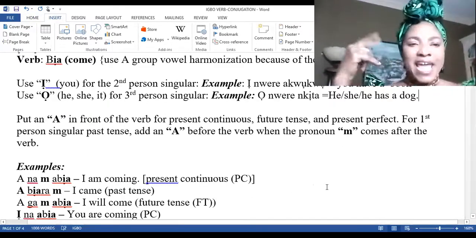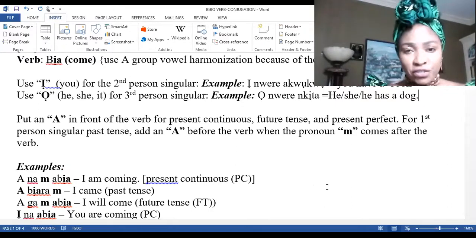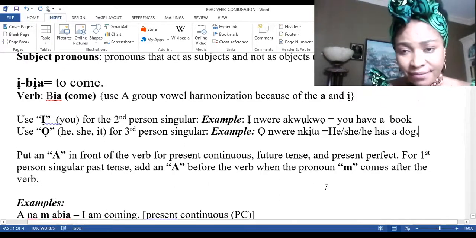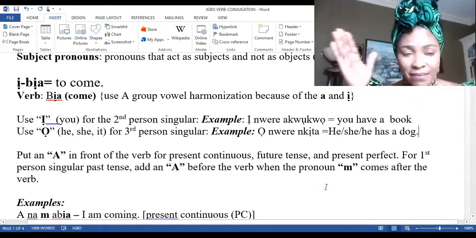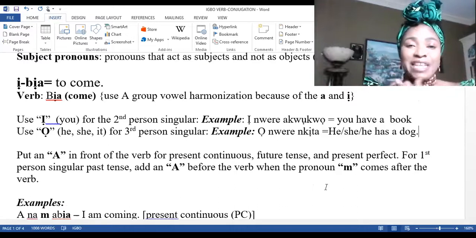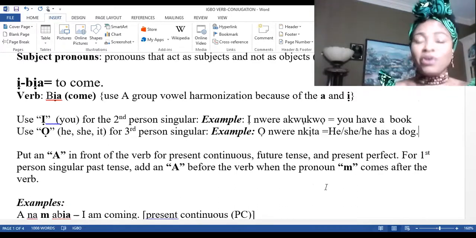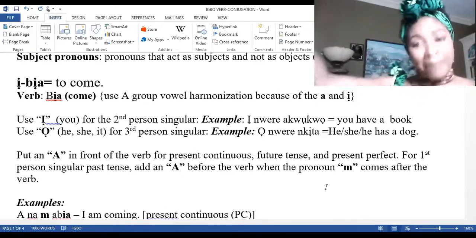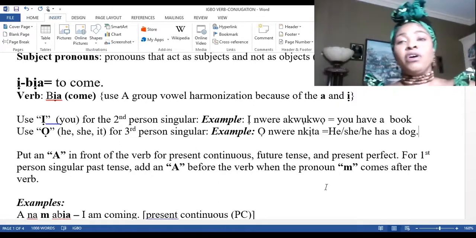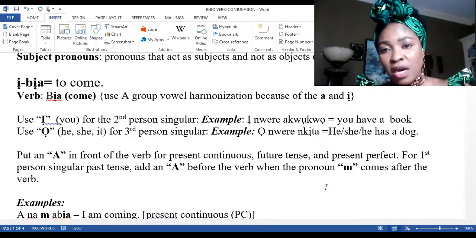Put an A in front of the verb for present continuous, future tense, and present perfect. I want you to understand what I mean. When you are putting something in the present continuous, something that is happening now, or something that is about to happen in the future, or something that has already passed, something that happened in the past, okay?